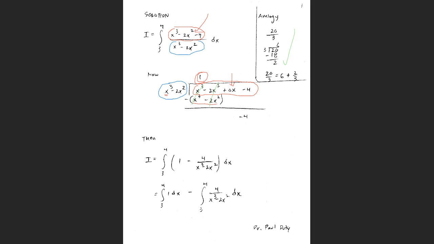So we can write this quotient of the polynomials as the 1 here, minus the remainder 4 over x cubed minus 2x squared. Exactly the same process as when we divided 20 by 3.